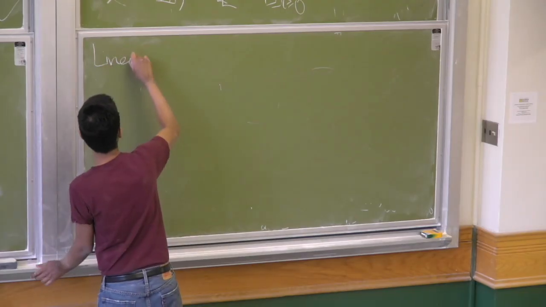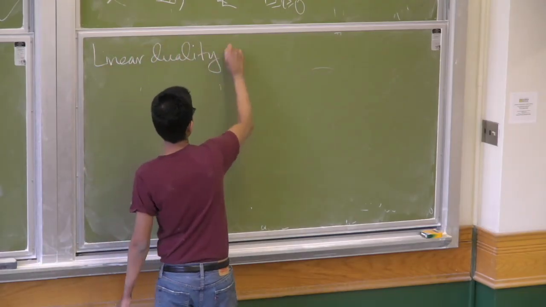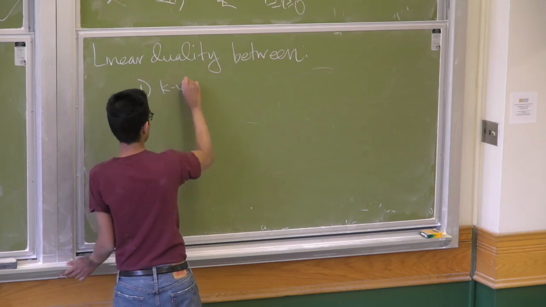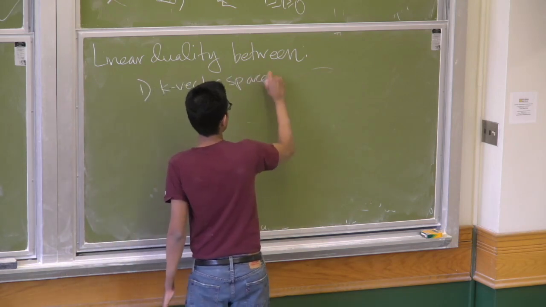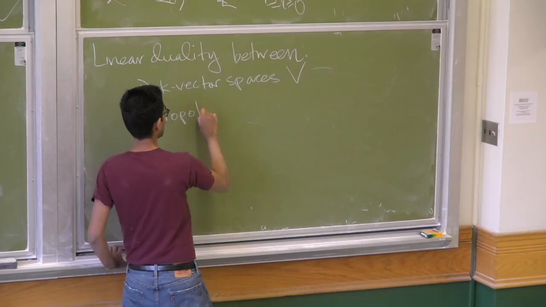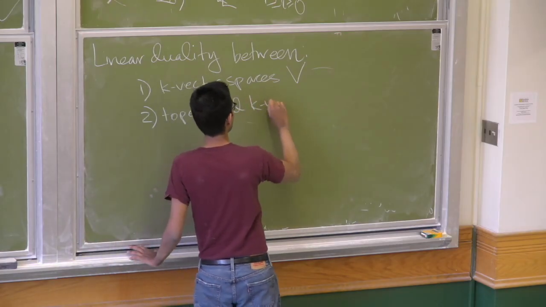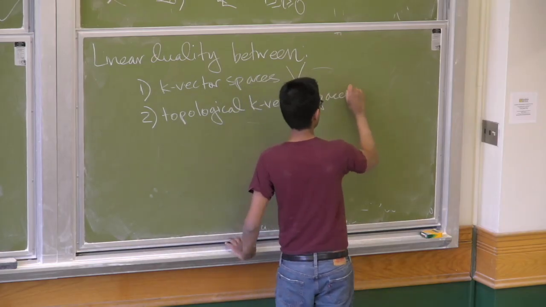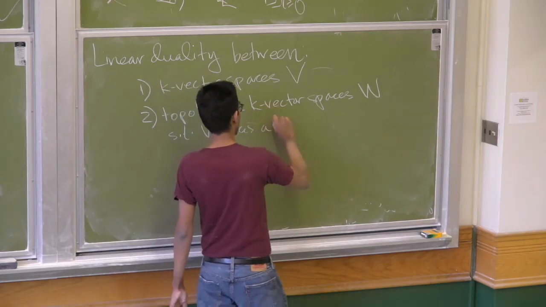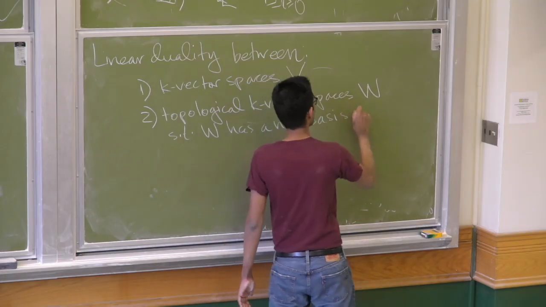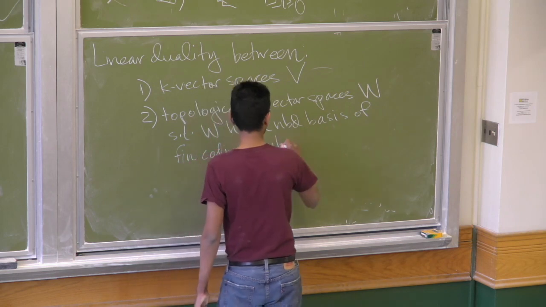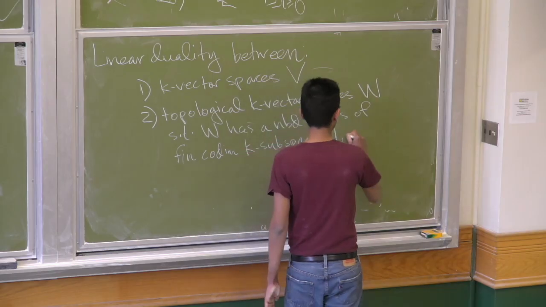So the linear duality is between, on the one hand, plain K vector spaces, and on the other hand, topological K vector spaces W, which have the property that W has a neighborhood basis of finite codimensional subspaces, and is complete.